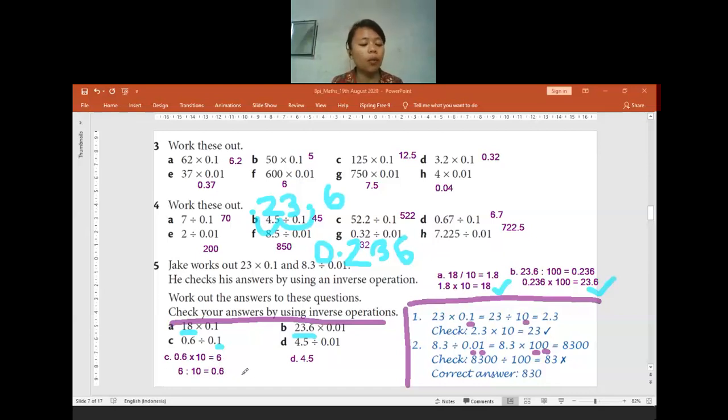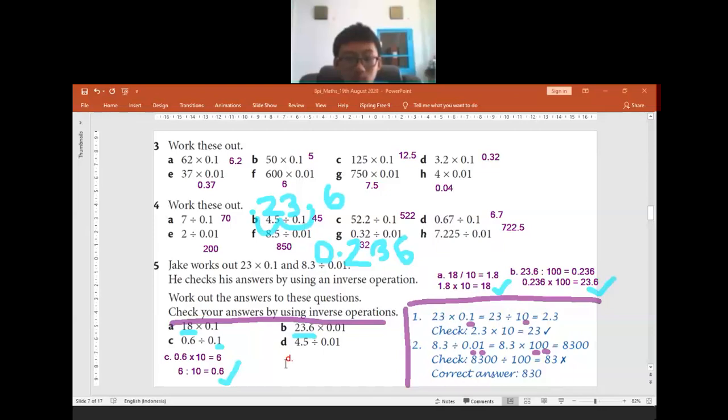It is the same as the question, so the answer is correct. Now let us continue to question D, or is there anyone who is still confused? No, teacher. No? Okay. If no one is confused, let us move to question D.